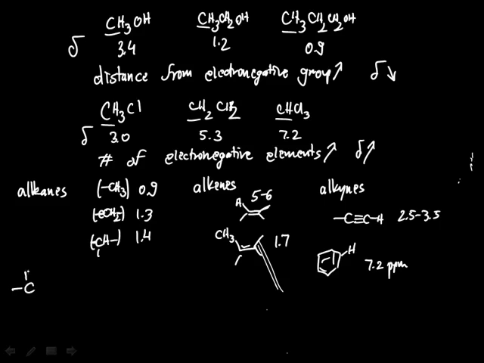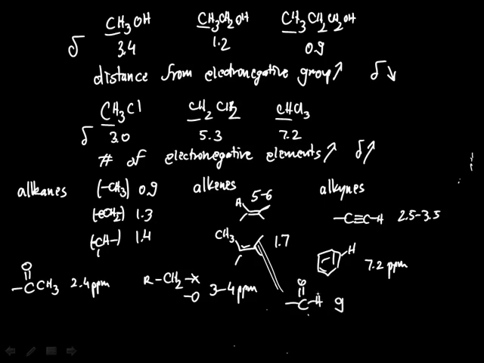To show the influence of the heteroatom effect, if we have a methyl group directly attached to a carbonyl, this will be about 2.4. If we have CH2 attached to X, and this X can be either halogen or oxygen, then this will be around the 3 to 4 ppm region. If we have an aldehyde, this will be a very characteristic chemical shift of about 9 to 10, so this is a very easy thing to recognize.